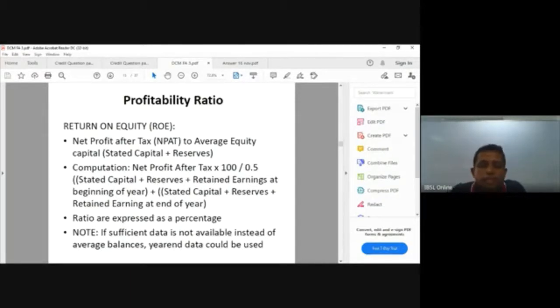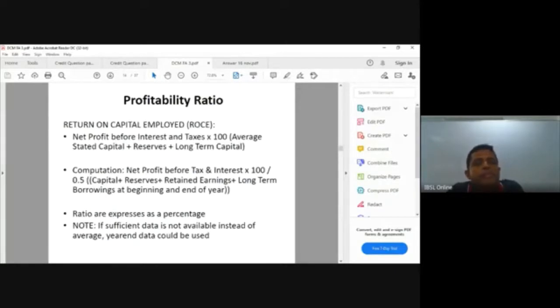We can go to the next ratio, that is return on capital employed. In this ratio, instead of only equity, we take the debt capital also.